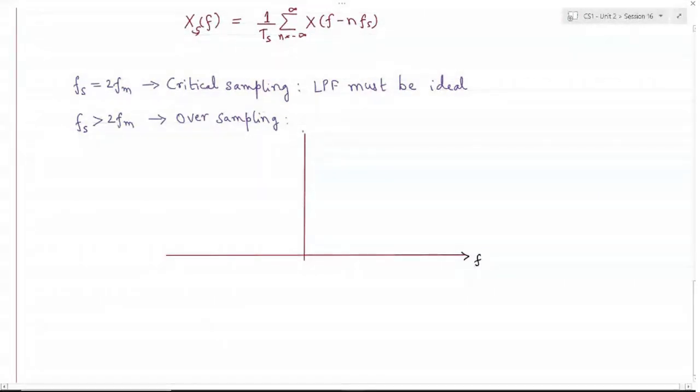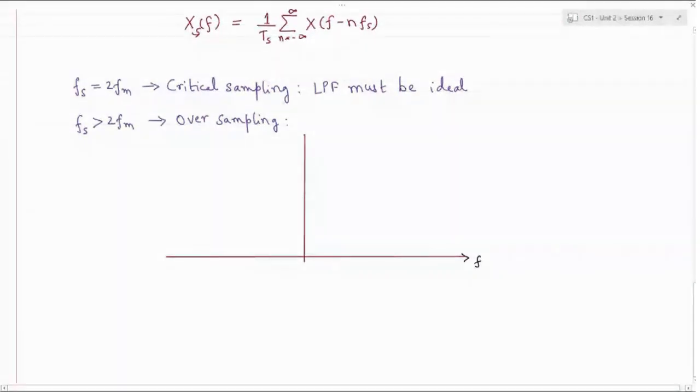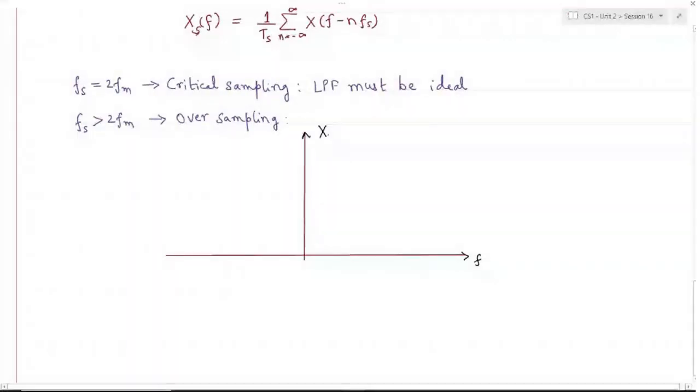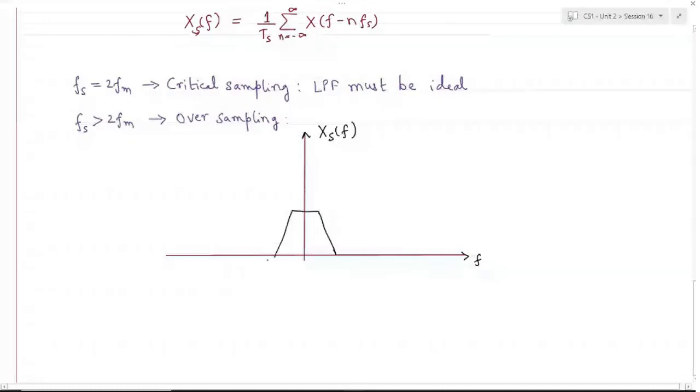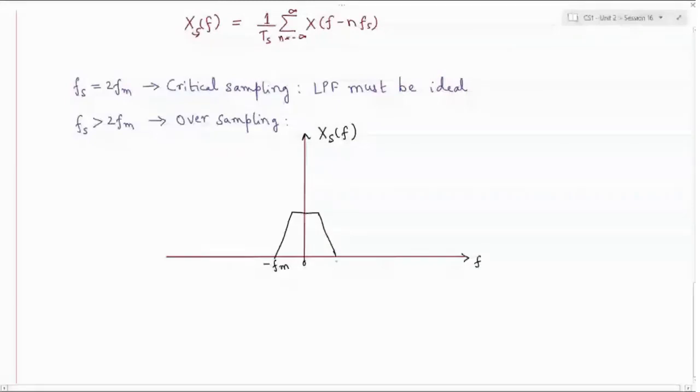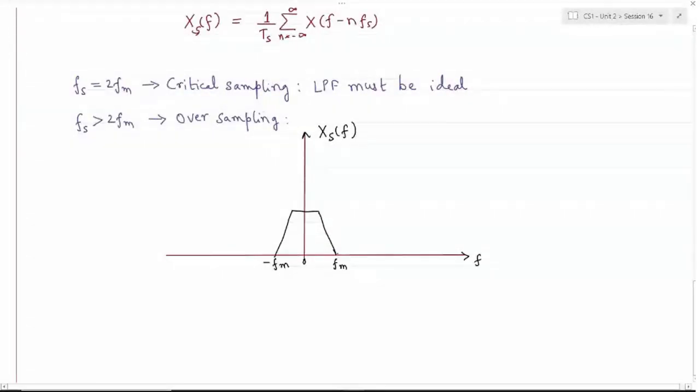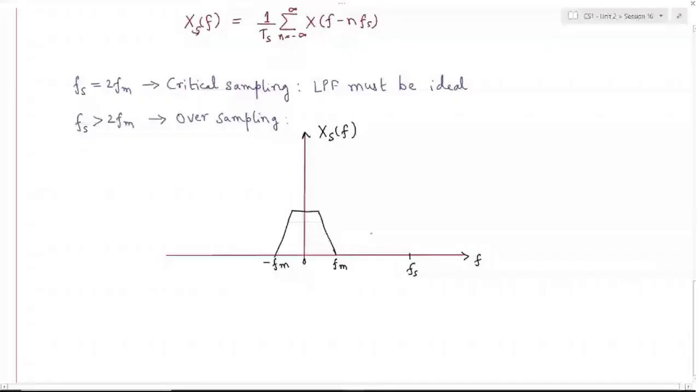In case of oversampling, Xs(f) would look something like this. This is the original information bearing signal for n equals 0, varying from minus fm to fm. Now somewhere here was my fs, where its left edge was exactly touching the previous version of its sample. Then I just move this next sample a little ahead, greater than 2fm. Then it will have its next sample somewhere here, minus fs.